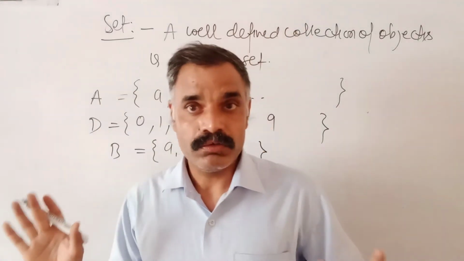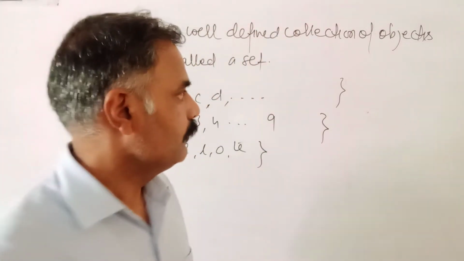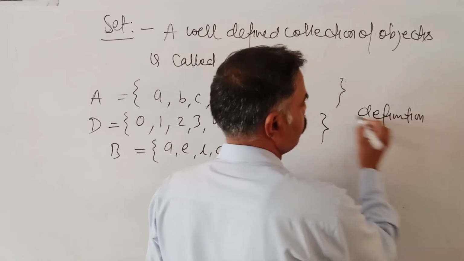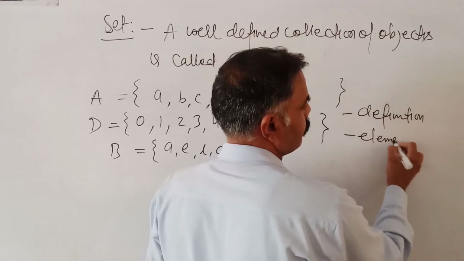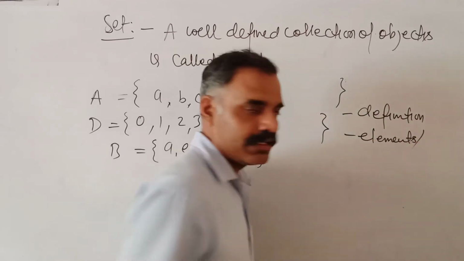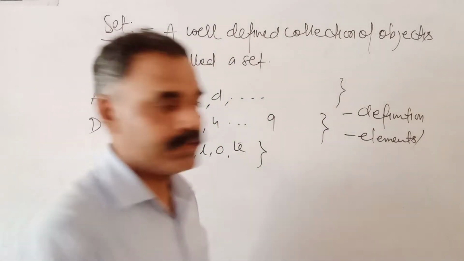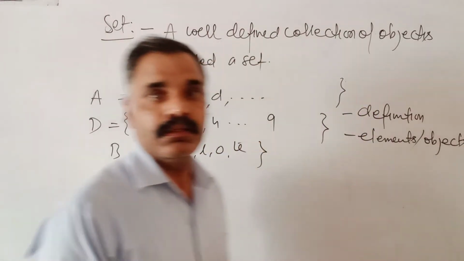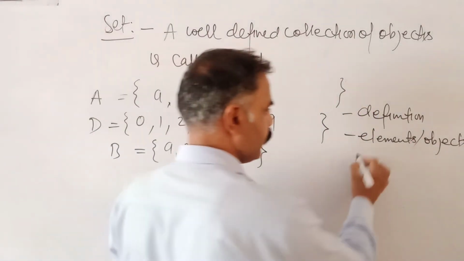So what have we learned? We have learned the definition of a set and the elements of a set. Elements are also called objects, and also called members.